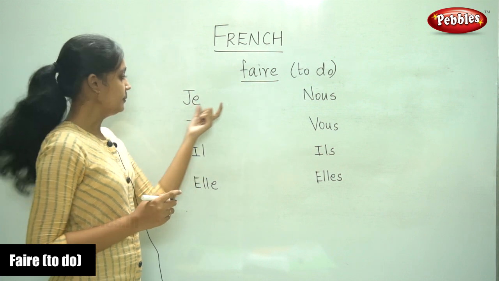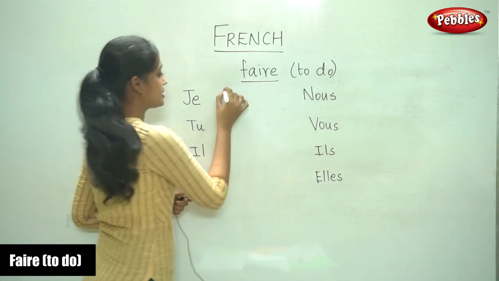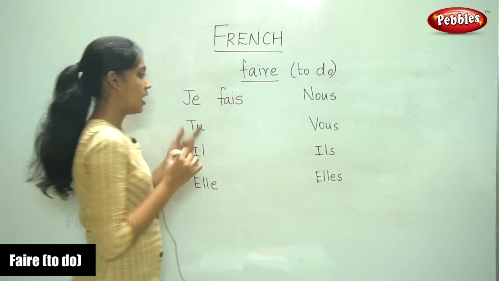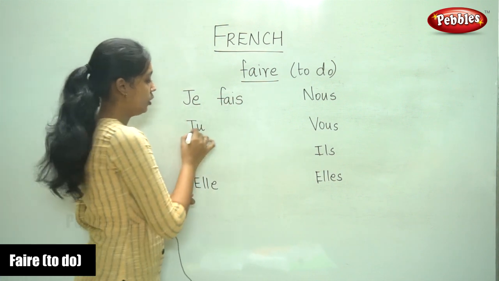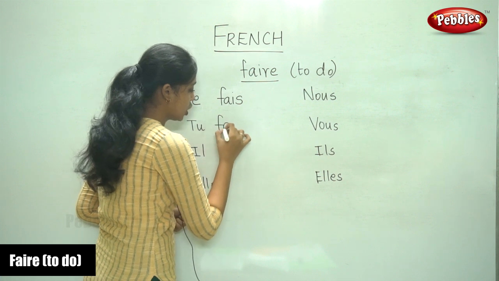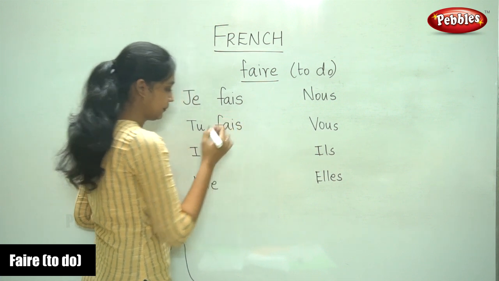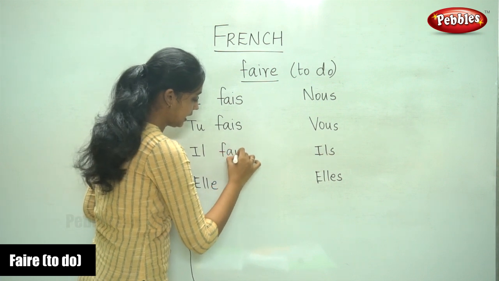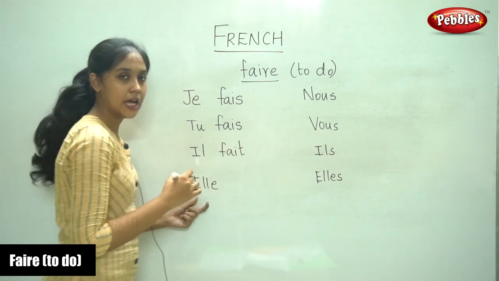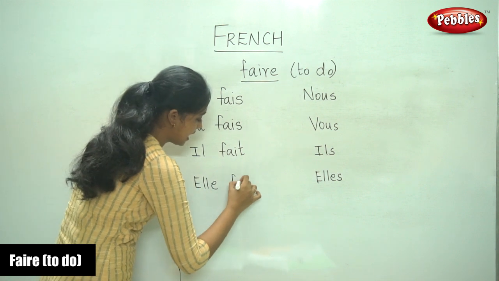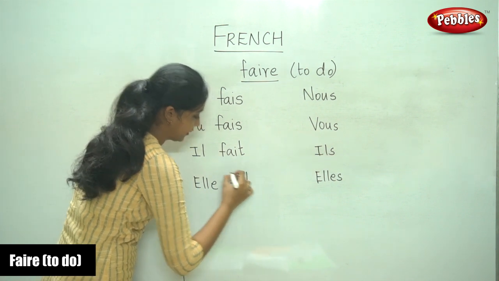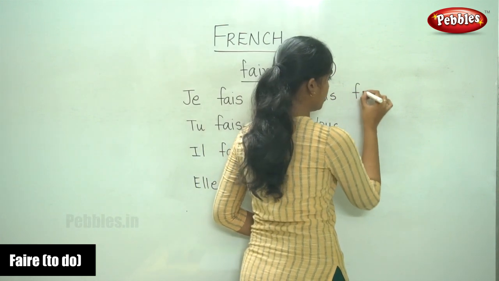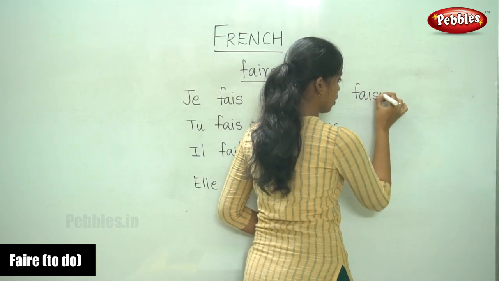So shall we begin? For je, it is je fais, I do. For tu, it is tu fais. For il, it is il fait. Elle, it is elle fait. For nous, it is nous faisons.